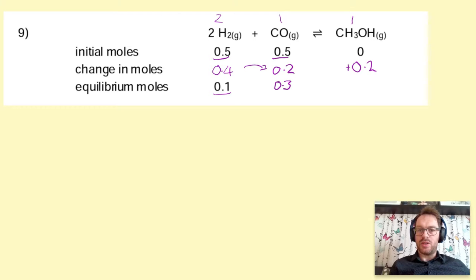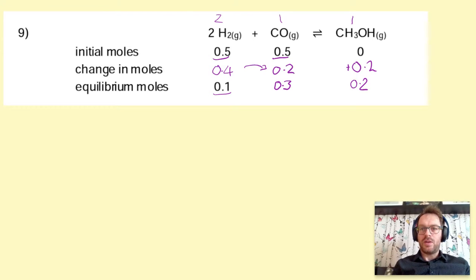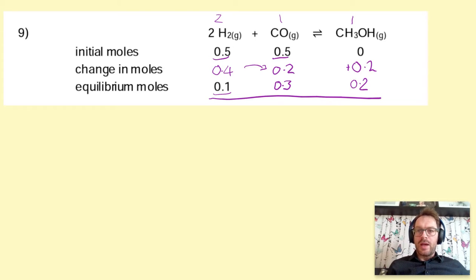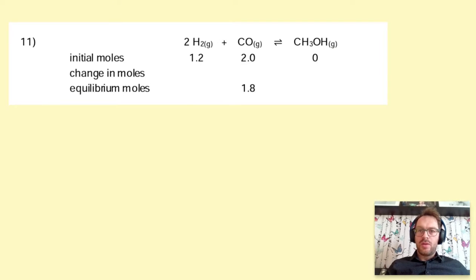And since we started at 0, we'll have 0.2 moles left at equilibrium. So your equilibrium moles should be 0.1, 0.3, and 0.2. Let's go on to the next problem. Again, if you pause it first and then have a go at it, and then we'll have a look.